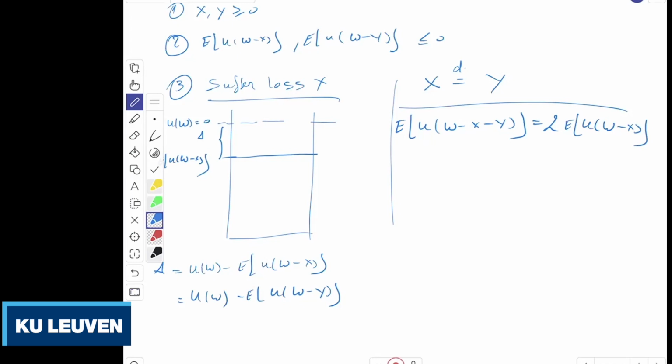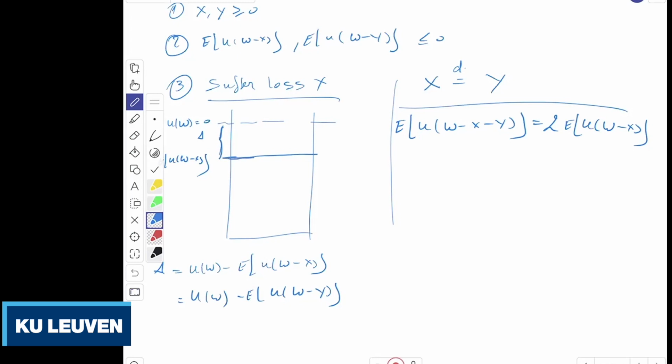So assume now that I'm thinking of adding loss X, loss Y to my portfolio. So I go first from no risk to the loss X, then my drop is delta.